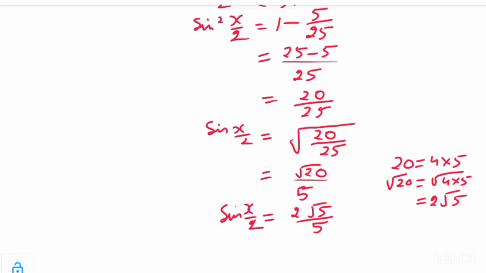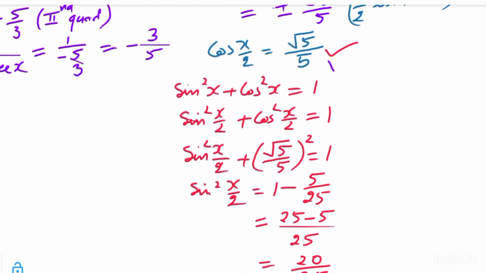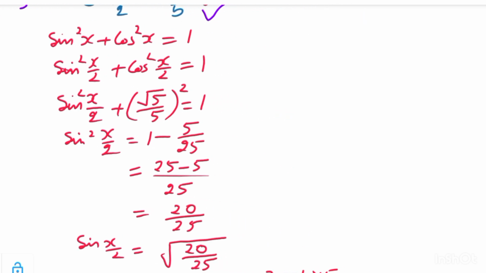Now we know the value of sine x by 2 and cos x by 2. So we can find out the value of tan x by 2. So tan x by 2 is equal to sine x by 2 divided by cos x by 2.